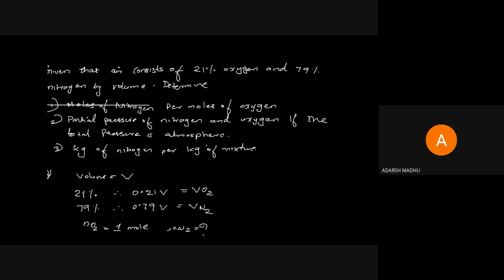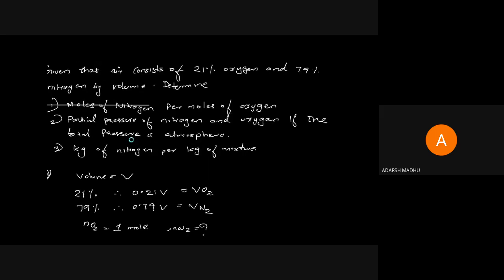So here we want to find out the value of NN2, right? We know that NO2 is 1. VO2 is 0.21 V, VN2 is 0.79 V, right?